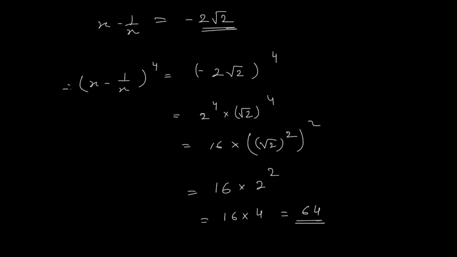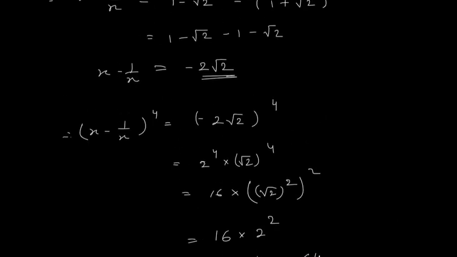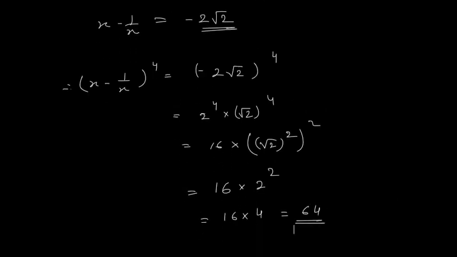64. Okay. Or else what you could have done, you could have written this as 2 root 2 into 2 root 2 into 2 root 2 into 2 root 2.